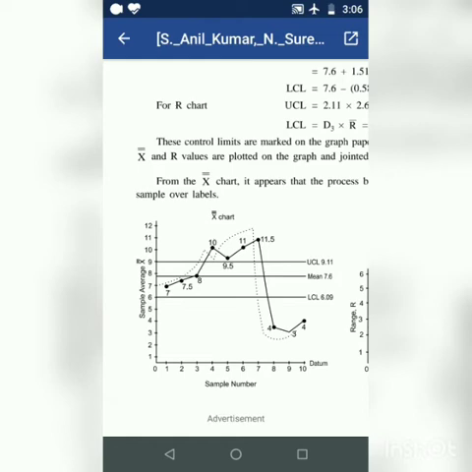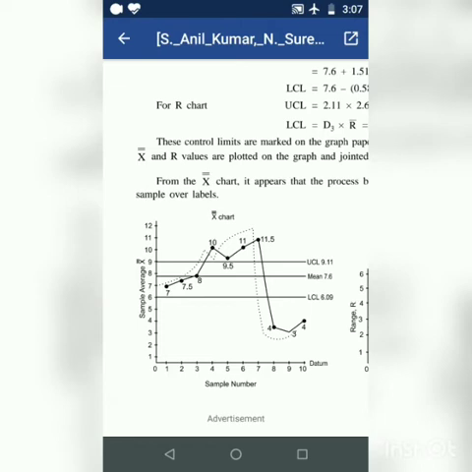But after the fourth sample something went wrong, and the values went above the upper control line for the next 4 samples. That means some mistake was there in the process, and this process went out of control.